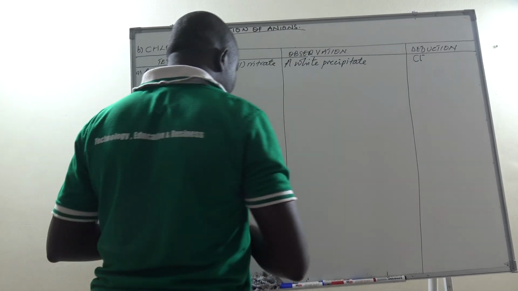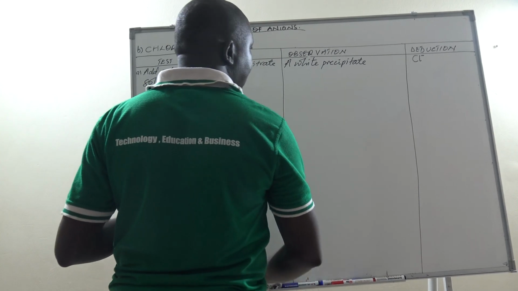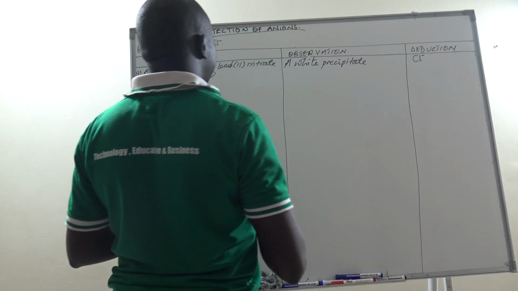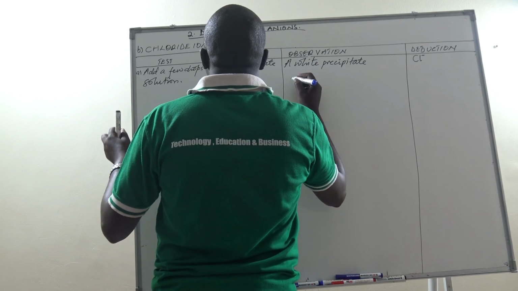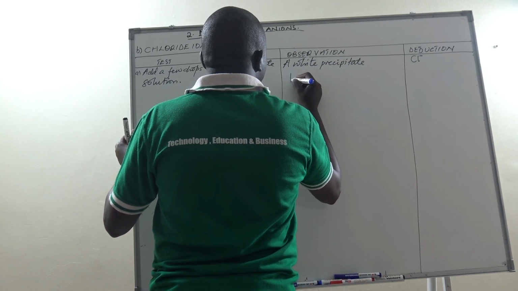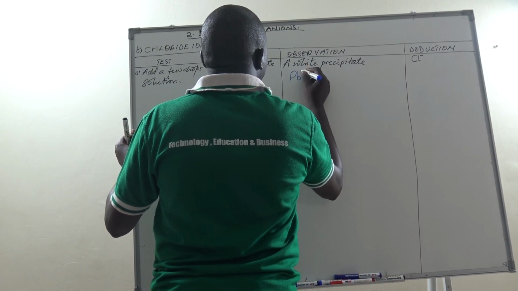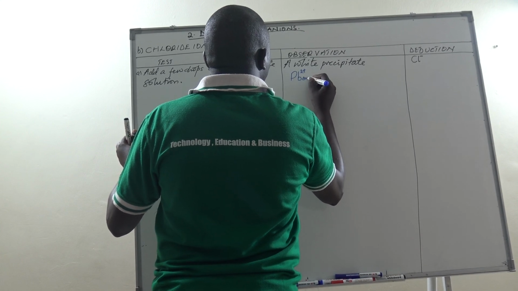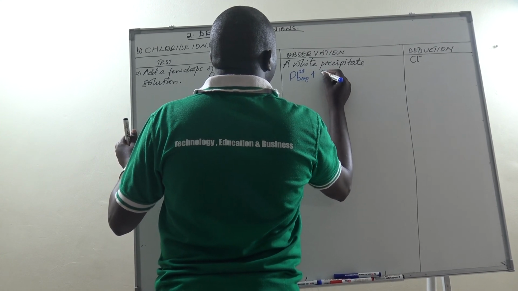So since we have got chloride ion in this case, let us see the reaction equation here. The equation for the reaction is the combination of the lead(II) ion with the chloride ion.